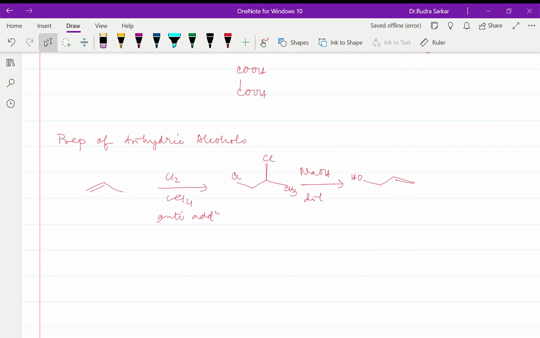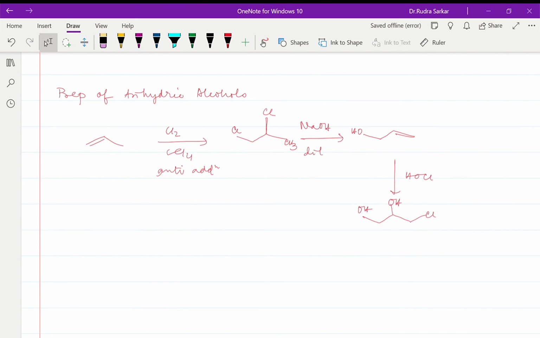Now to this particular alcohol, what can you do? You again add HOCl. What will happen? OH will add here and Cl will add here.